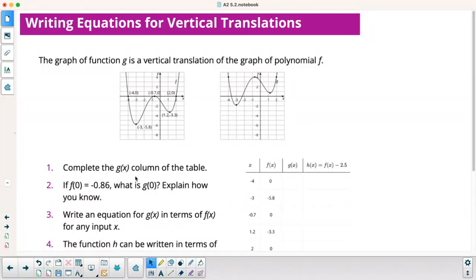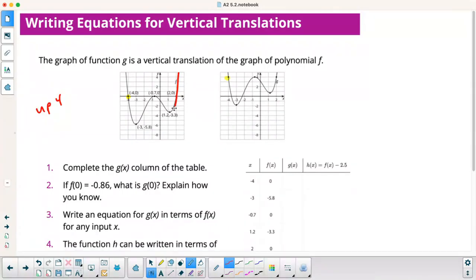Okay, so I guess the best thing to do is find points that have the same x coordinates. So this has a -4 here, and then this is up here at 4. So it looks like it just shifted up 4, okay? So it looks like I went up 4.